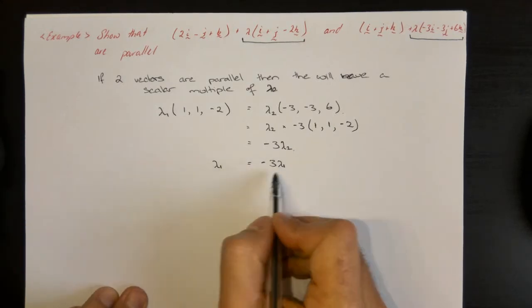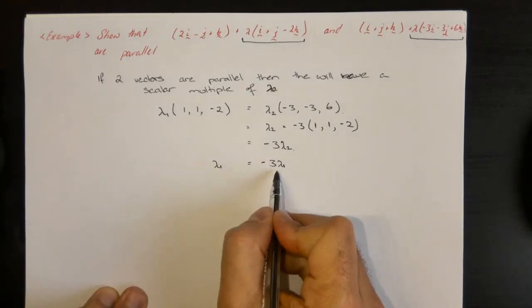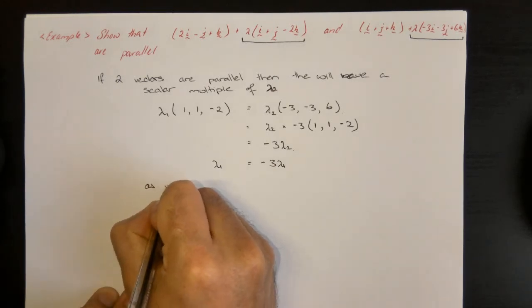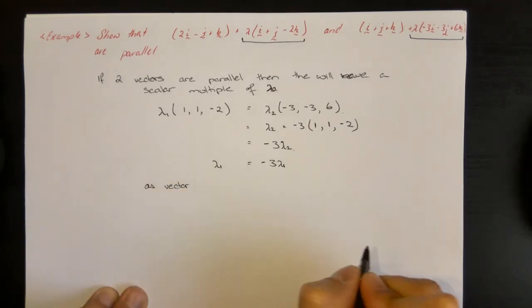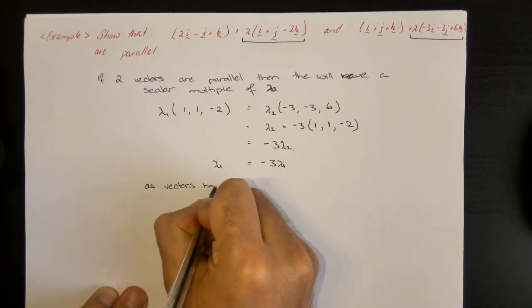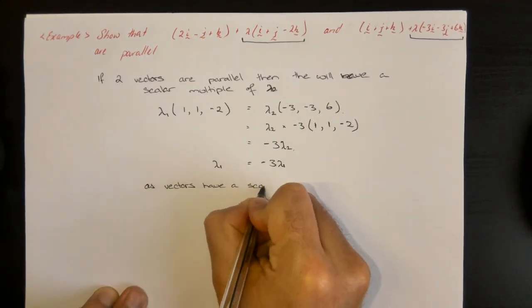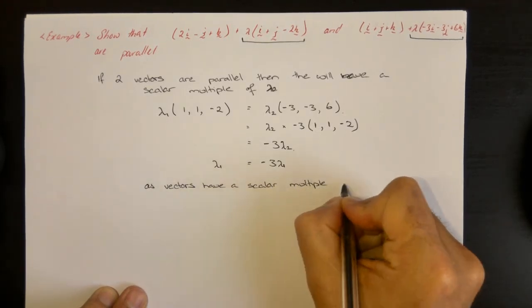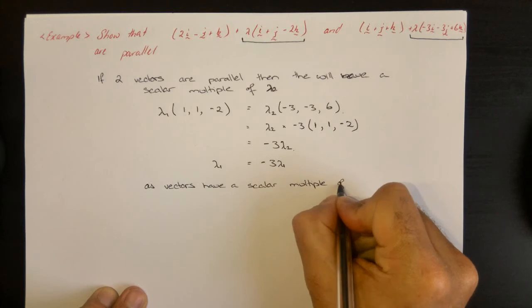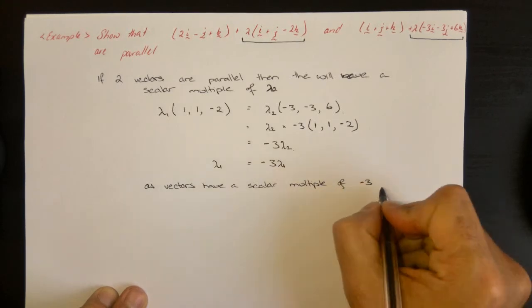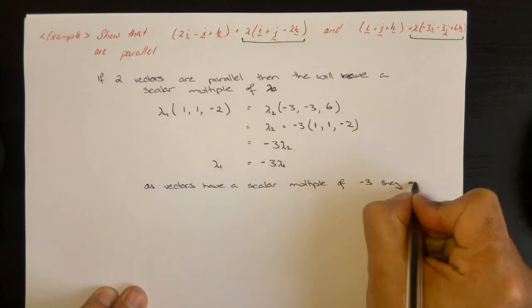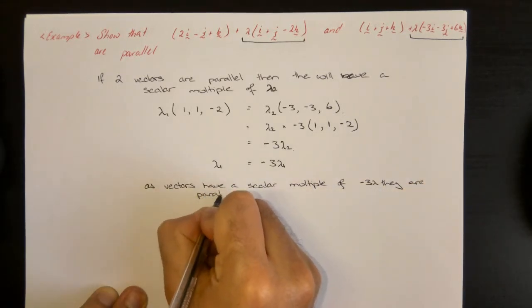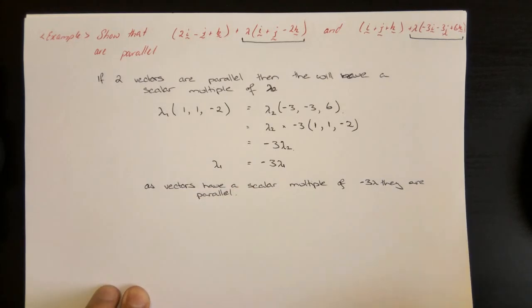So we actually have a scalar multiple of 3 as vectors, scalar, they're parallel.